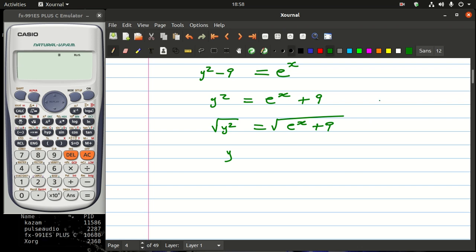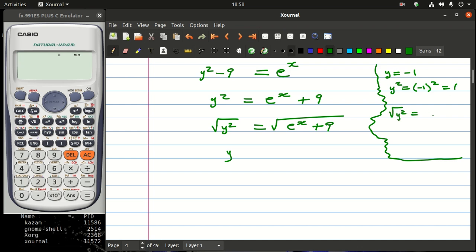Let me make an example here. Let's say my y, for instance, is equal to minus 1. I'm just going to make this simple case on the side here to explain what I'm saying. If I have this, y squared is going to be equal to minus 1 squared, which is equal to 1. Now, the square root of y squared is going to be equal to the square root of 1.